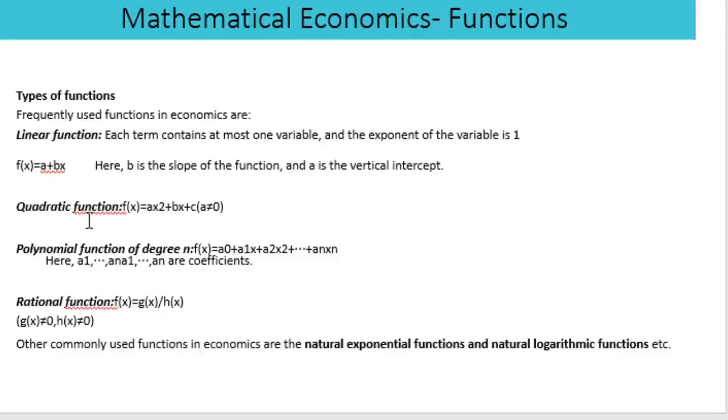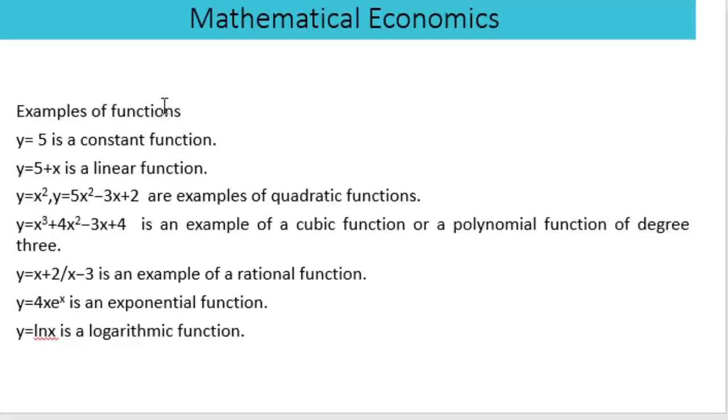Second one is the quadratic function. If the highest power of the variable is 2, then it is known as a quadratic function. The polynomial function can be specified as we have already seen. And the rational function expresses the ratio of two terms. Examples of various functions are given here.